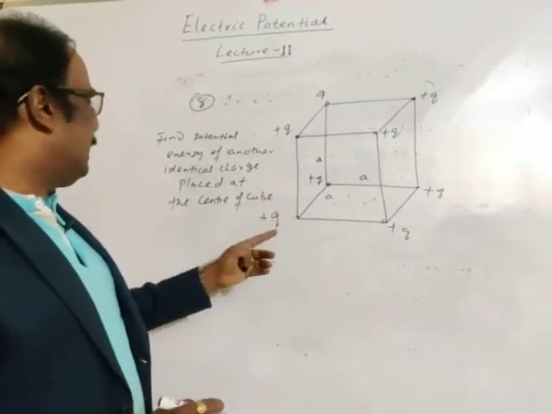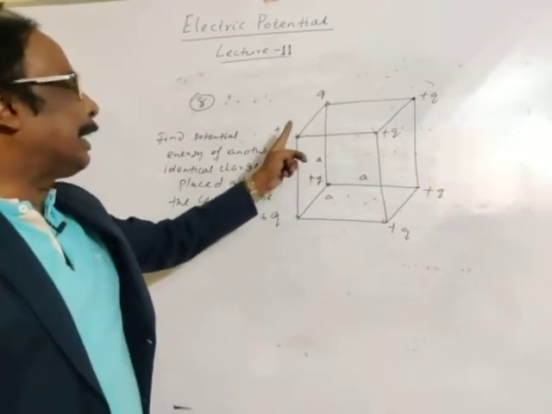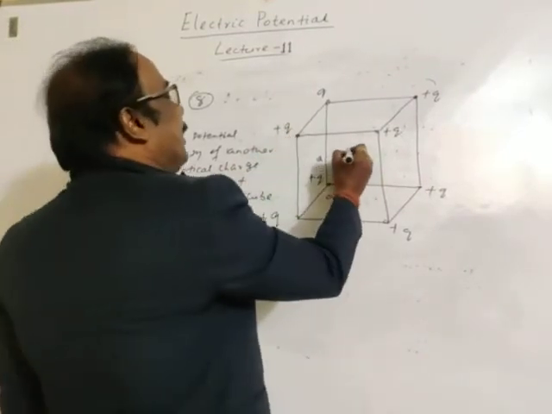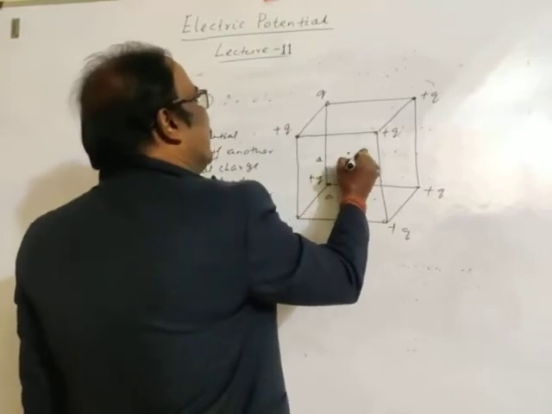What is potential energy of another identical charge Q placed at the center of the cube?